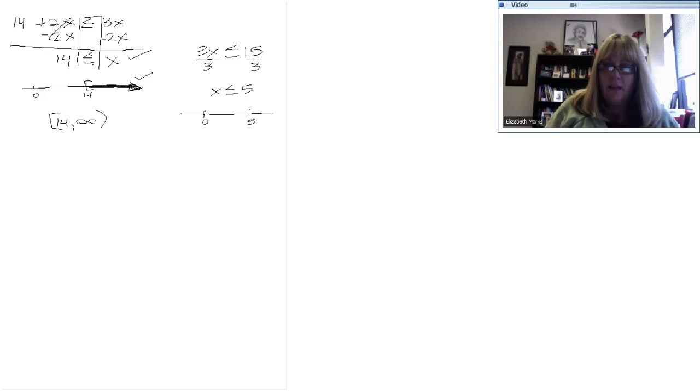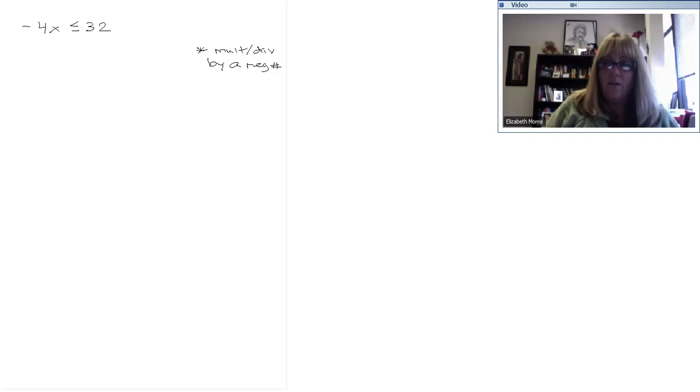It's less than or equal to, so it gets a bracket, and it's everything going this way. So the farthest thing to the left is negative infinity, and the farthest thing to the right is 5. Infinity always gets a parenthesis, and 5 gets a bracket. Inequality, equation, graph, interval.